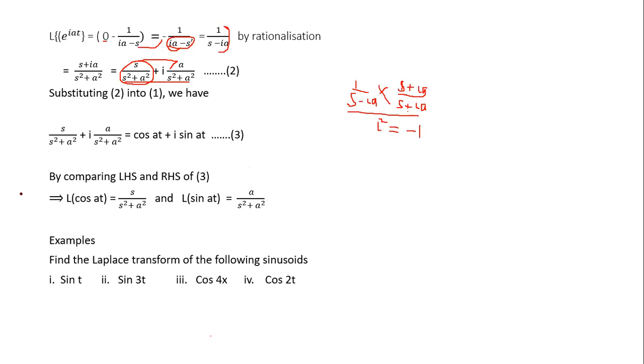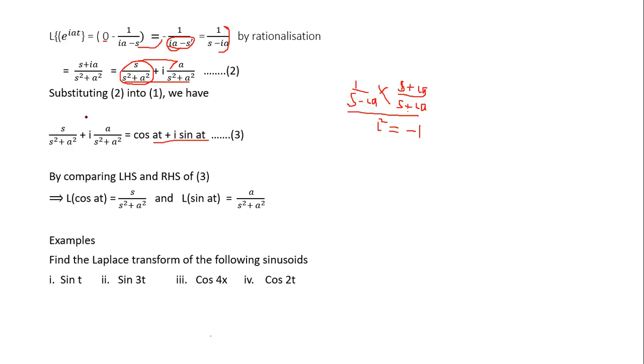So I said by substituting 2 into 1, we now have s over s squared plus a squared plus i multiplied by a over s squared plus a squared equal to cos at plus i sin at, as we're doing the comparison, because this one is the same as exponential iat, and then we are doing the substitution. So we are substituting 2 into 1.